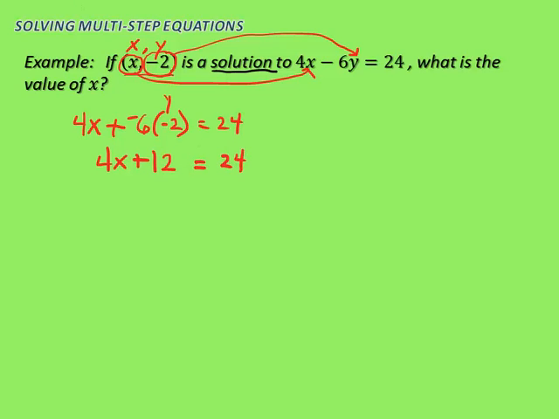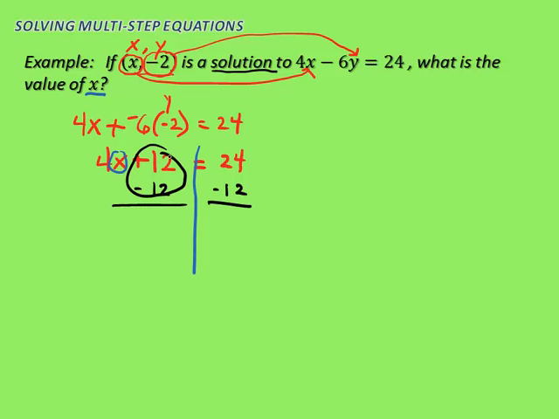And now I have an equation with one variable in it, so I'm going to solve that equation for x, and that's how I find the value of x. So we'll start out by subtracting 12 from both sides, making my 0 pairs.